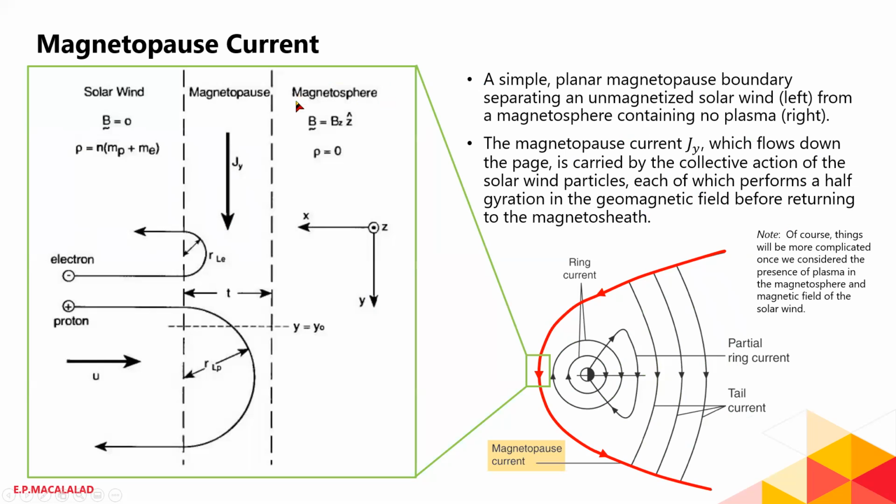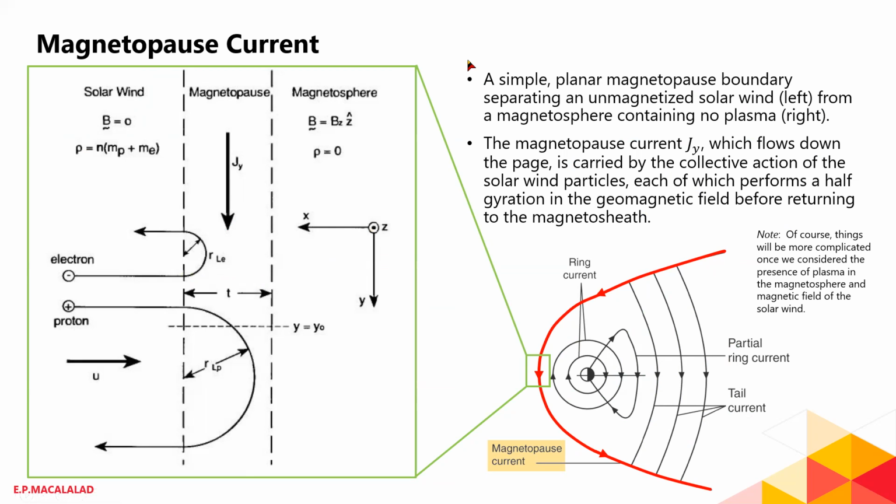At the equatorial region, the magnetic field is pointing upward, and let's say there's no plasma, just to keep things a little simpler. Once the electron enters the magnetopause, because of the z component, the magnetic field is pointing toward you, and the velocity is toward the right.